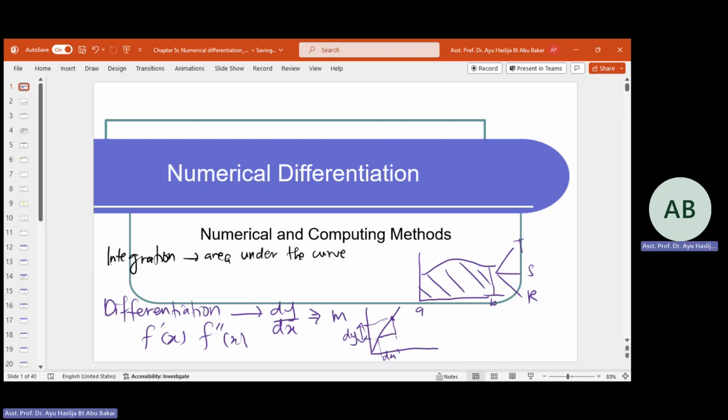But up to your level for our course, usually we play around with the single. Sometimes it will ask you to find the double differentiation, but then that one is using numerical method.